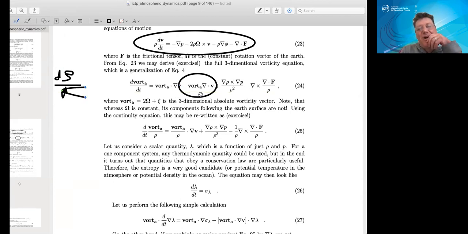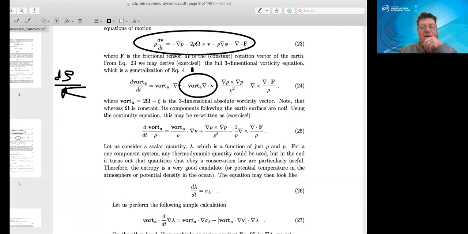Anyway, you know that d rho by dt is equal to minus rho times the divergence. So you can eliminate the divergence in this term here by using the continuity equation. So you insert here the continuity equation, and you can derive an equation for the vorticity divided by the density.